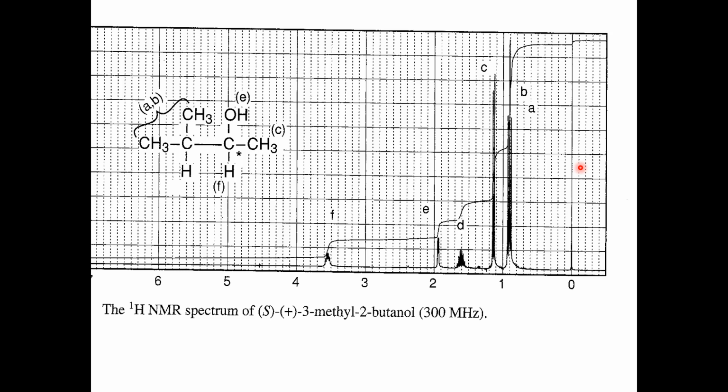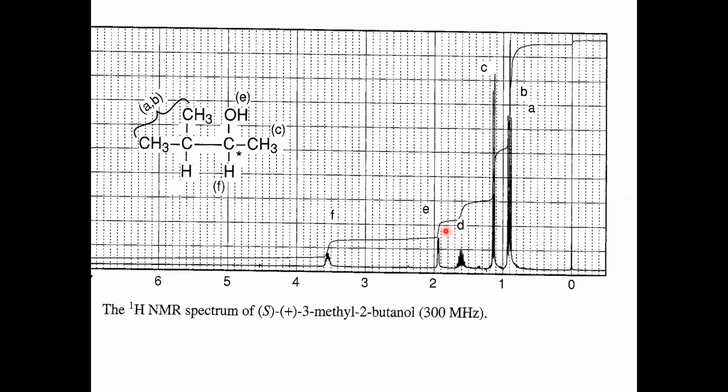If they were equivalent, they should have exhibited only one doublet signal due to coupling with this proton. However, we have 2 doublets here because each one is individually coupled to this proton. This is also a methyl group signal. It's also a doublet due to coupling with this methyl group. This multiplet signal is due to this proton, which is experiencing coupling with two different or inequivalent methyl groups.